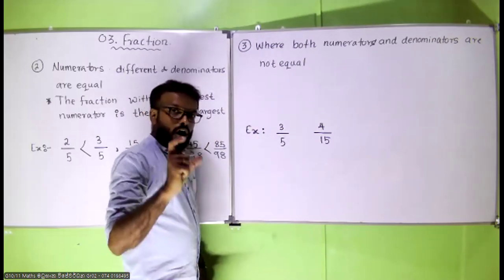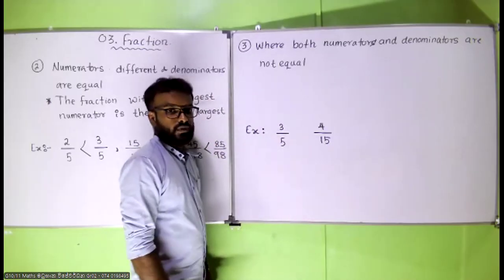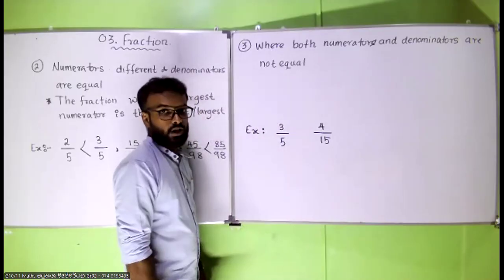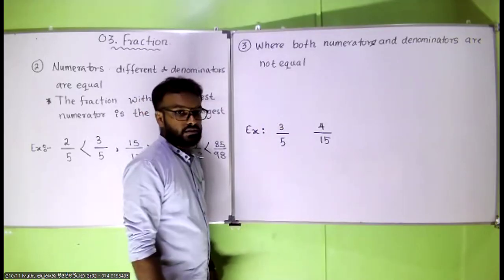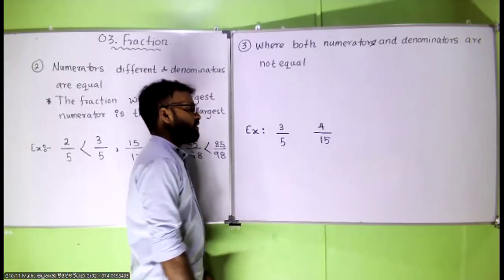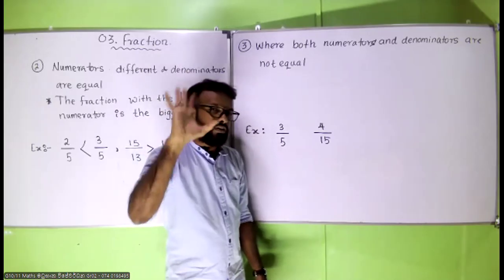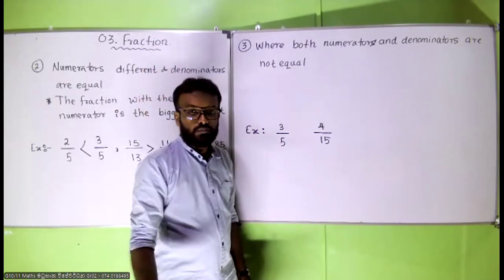So how to make your denominators equal? That is the question. You know how to do that. This is 5, this is 15. In a very easy way, you need to find the LCM.